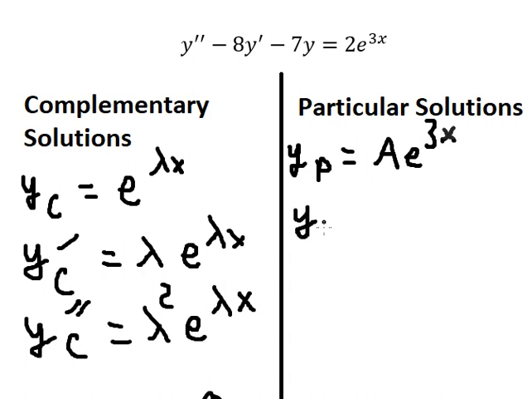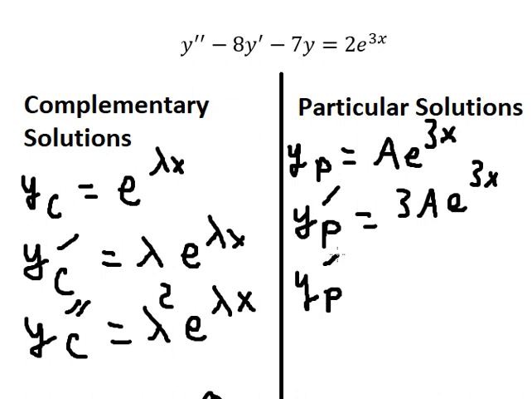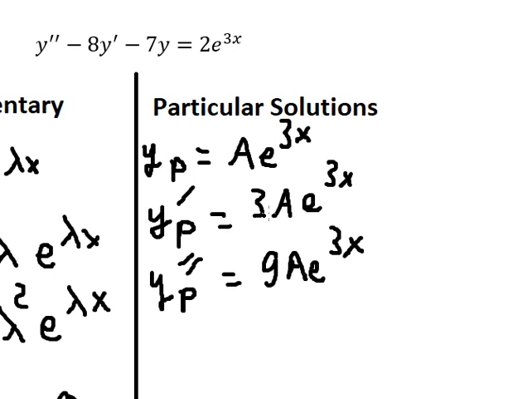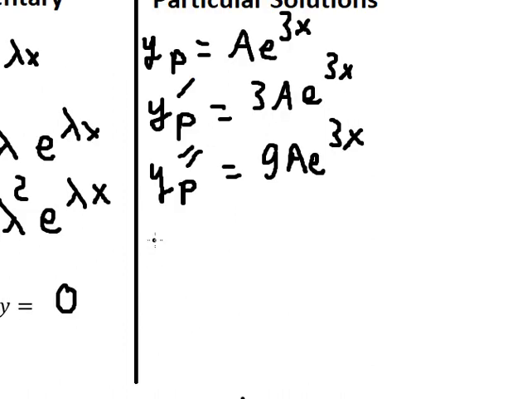Later, we need to find the first derivative of yb, and we have 3A e to the power of 3s, and the second derivative of yb, and we have 9A e to the power of 3s. Next, I will put this one here, this one here, and this one here. So we have it like this.